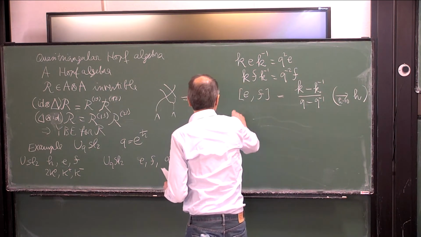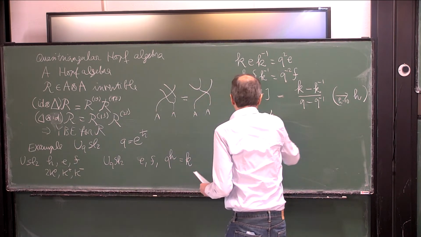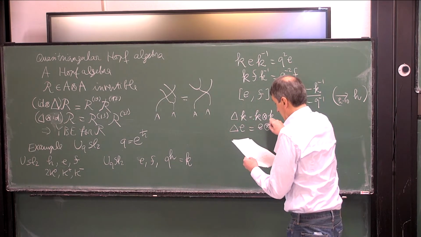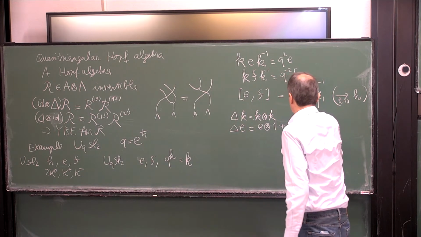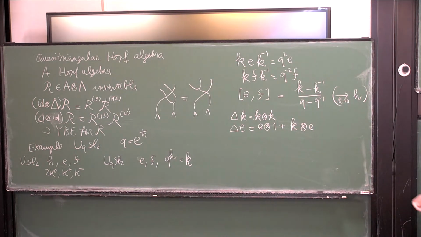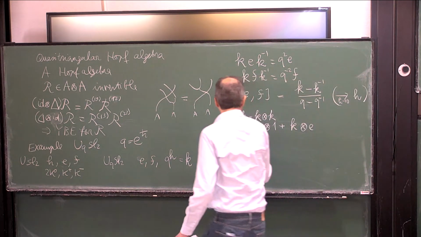Right, and then you have the coproduct. The coproduct is given on generators by these rules. So it's not co-commutative, right? It's not invariant under permutations of the factors.